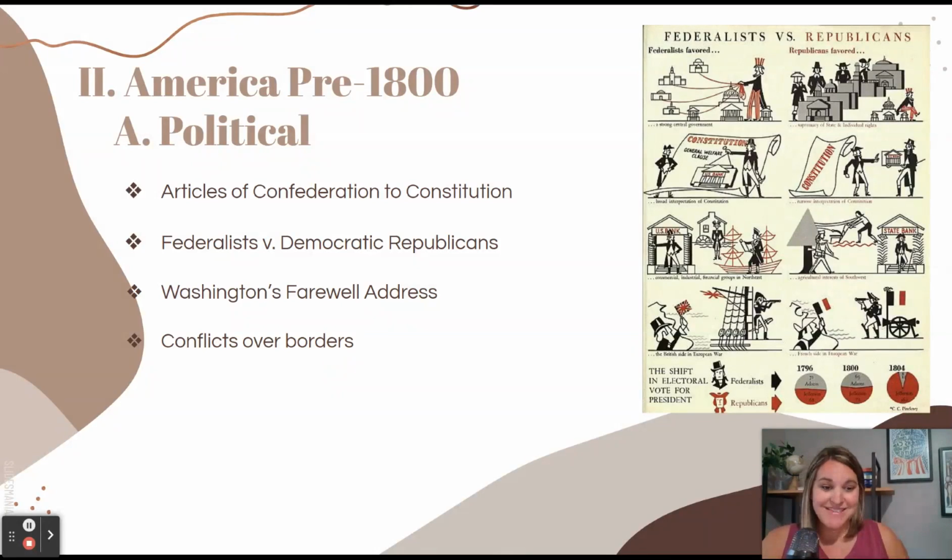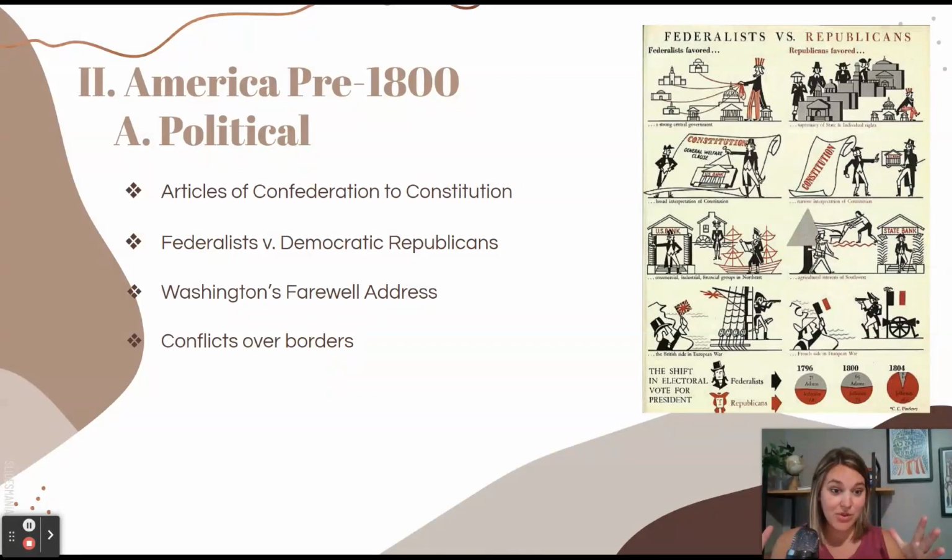Washington's farewell address is another really important political document that happens near the end of period 3, where Washington encourages Americans to avoid political parties, avoid partisan politics. But that just simply is not going to be the case in the nation's history. However, in period 4, you will see a huge increase in patriotism and one political party for about 10 years.